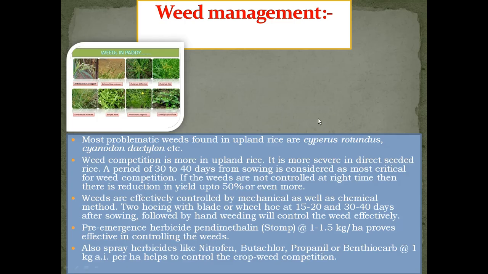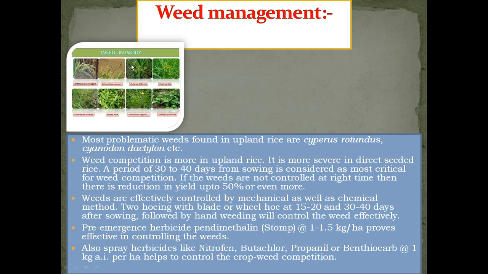Regarding the major weeds found in rice, weeds infest lowland rice more than upland. In lowland rice, most of the weeds are perennial weeds, that is Cyperus rotundus, Echinochloa colonum, or Cynodon dactylon. These are the worst weeds, majorly found in lowland rice.